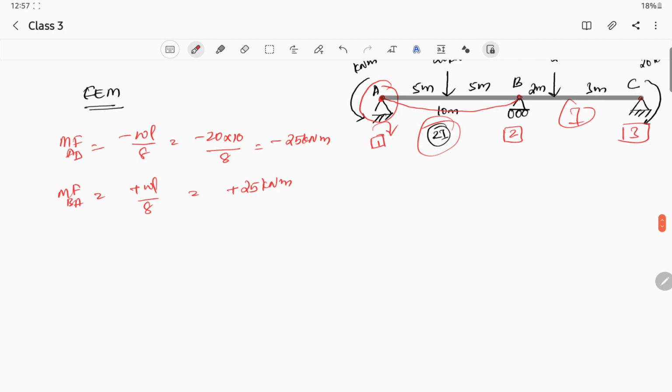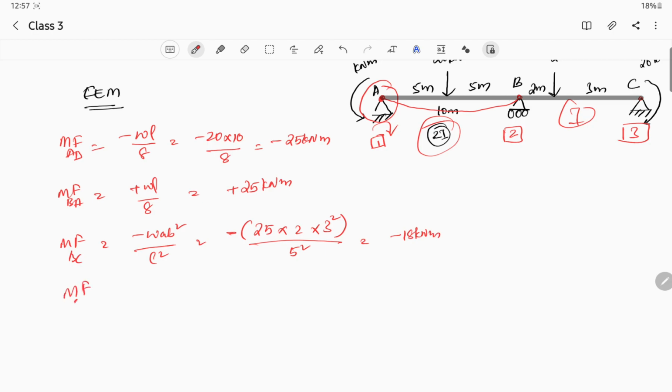Similarly, MFBC is equal to minus WAB square by L square, which is equal to minus 25 into 2 into 3 square whole divided by 5 square, which is equal to minus 18 kilonewton meter.